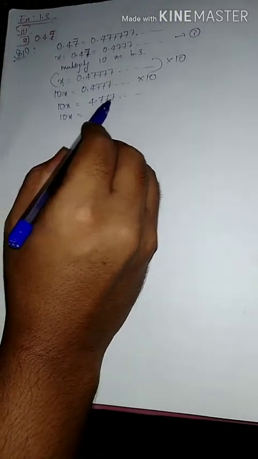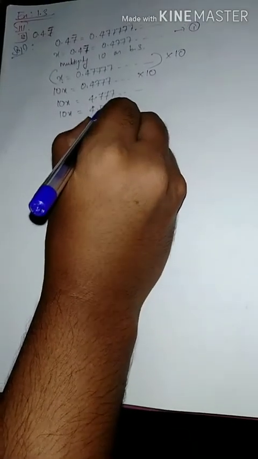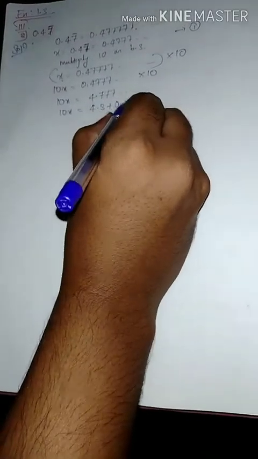So 4.777, and so on, is split as 4.3 plus 0.4777, and so on.